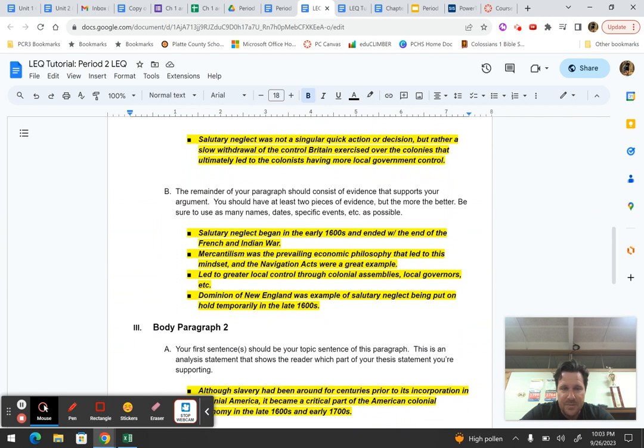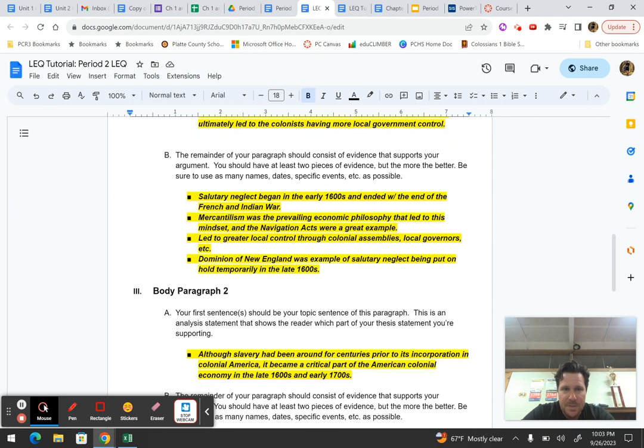And then in the rest of that body paragraph, I'm using facts to support my position, which was that salutary neglect was not like some one quick decisive event, but rather a death by 1,000 cuts type of situation. And so I have proof of that in my facts. I talk about mercantilism. I talk about colonial assemblies, local governors, et cetera, et cetera.